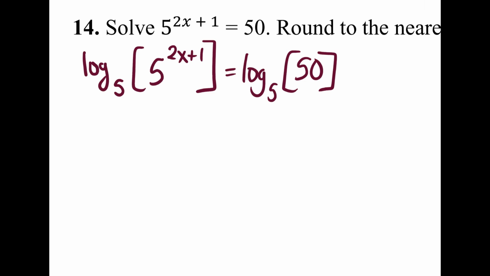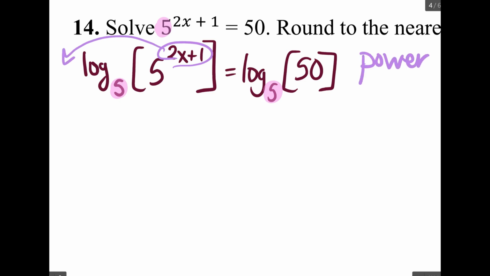Why am I picking 5 as the base? Because that's what the base is in my problem. This is the base, so I'm going to take log of that base on both sides so I can have that base cancel out in order to get this exponent by itself. Because I can follow the rule of logs. All right, I have this power property.